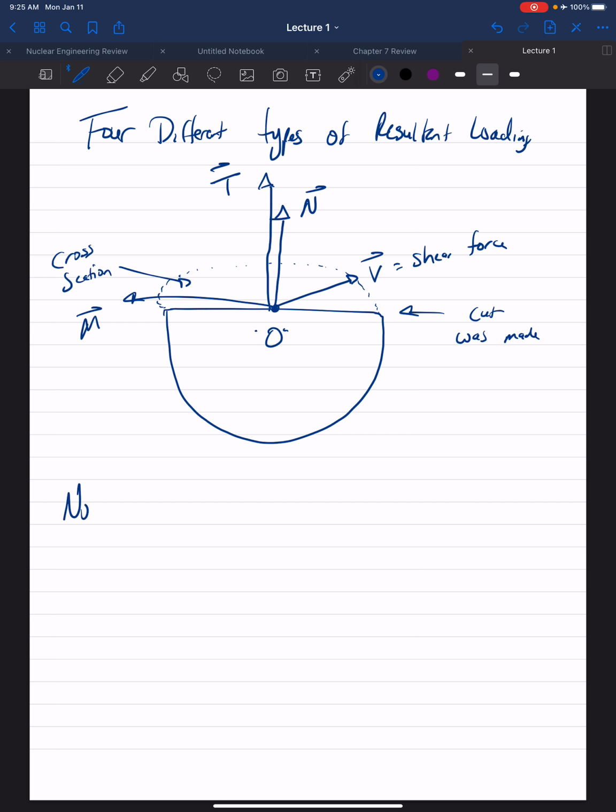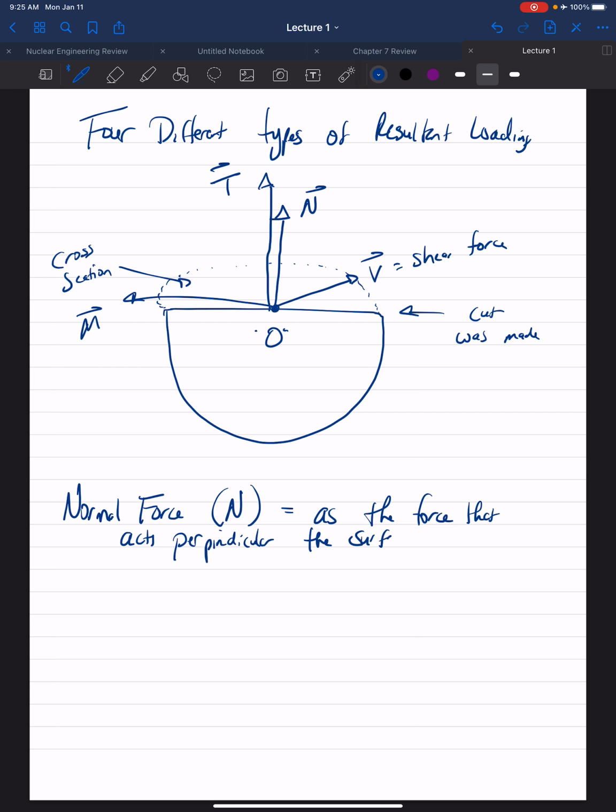So the normal force, abbreviated as N, uppercase N, is defined as the force that acts perpendicular, so at 90 degrees to the, say, surface area.